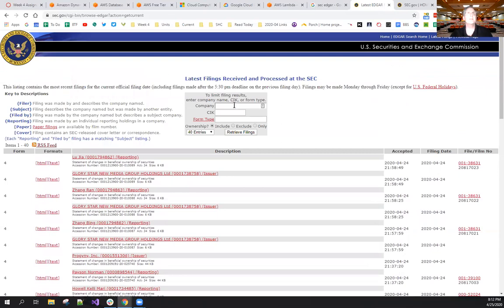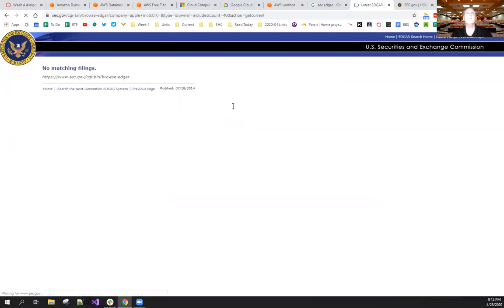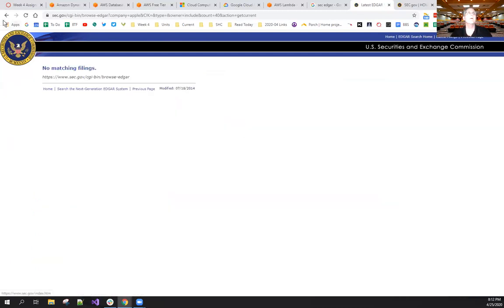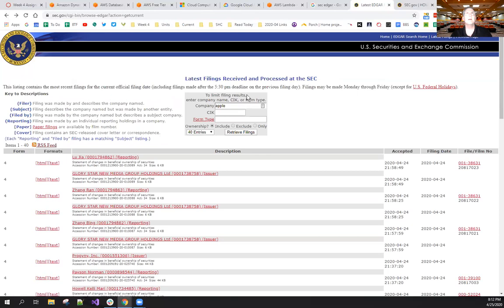You can actually search, for example, Apple Inc. We can look, hey, Apple, when did you upload your financial statements to the SEC? Let's try this. Apple. Let's see, company name, Apple. Vector search home.